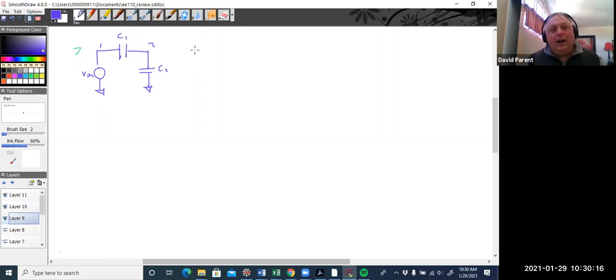Since we had a question on this, let's do this one a little more formally. I can recognize that there's just voltage division here. Unless you're told otherwise, you should use the simplest way possible to solve any problem, because if it's simple, chances are you're going to get it right.